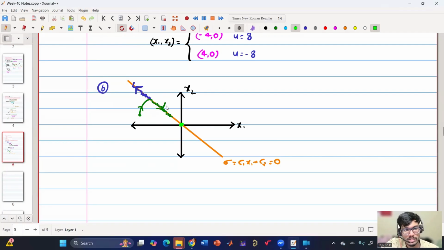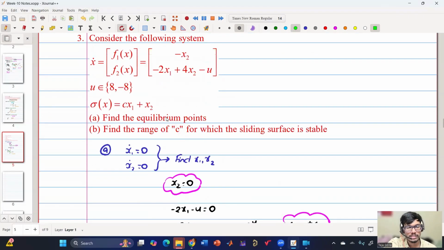Till now we have only discussed that it is moving towards it, considering it is stable, but it can also move away, right? Do you agree? Yes, sir.